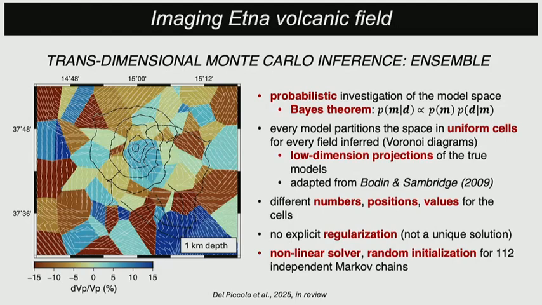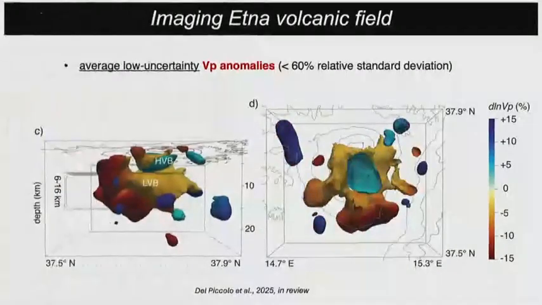And so, in a probabilistic way, we are sure that the structures are robust. While if the standard deviation is very large, this area has a higher uncertainty, and we are not interpreting these areas. So here you can see the average low uncertainty P-wave anomalies.